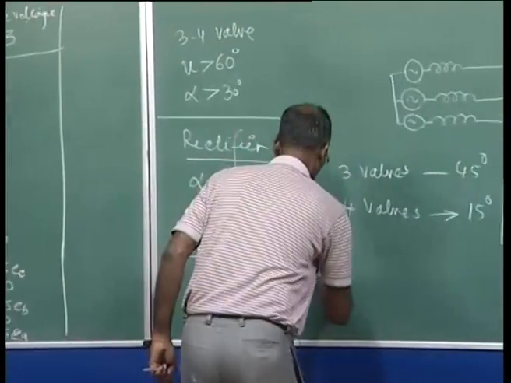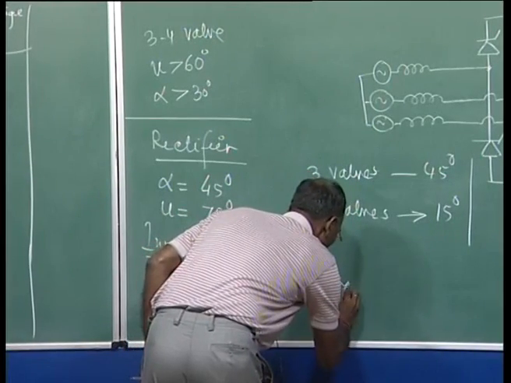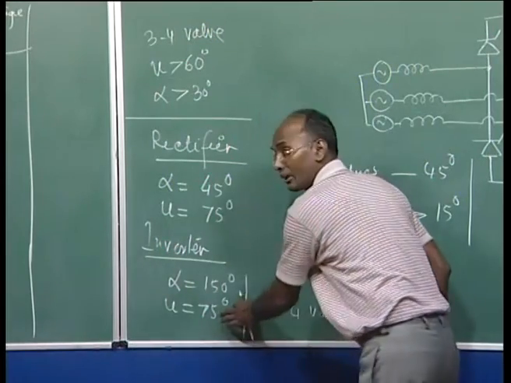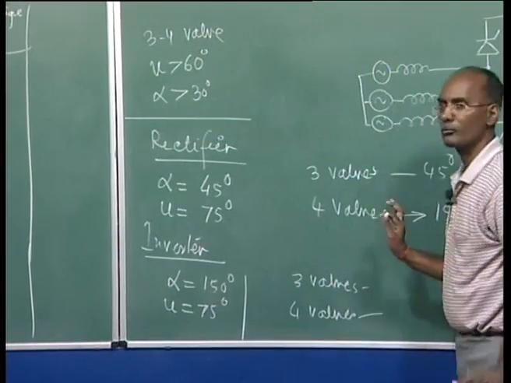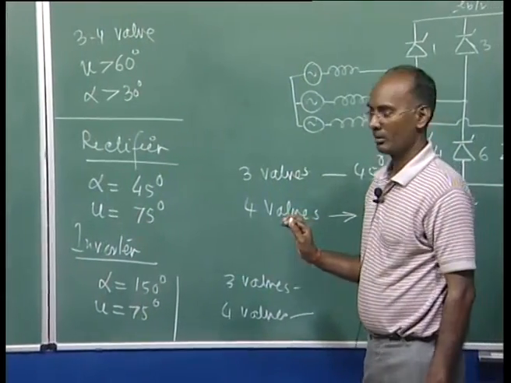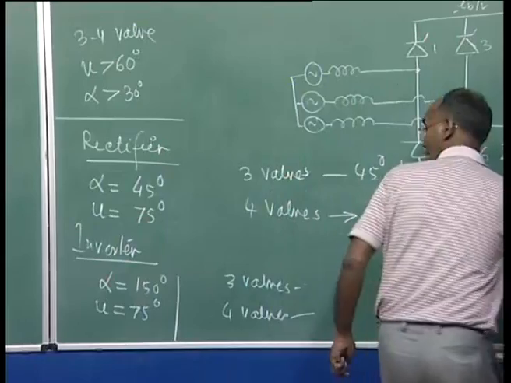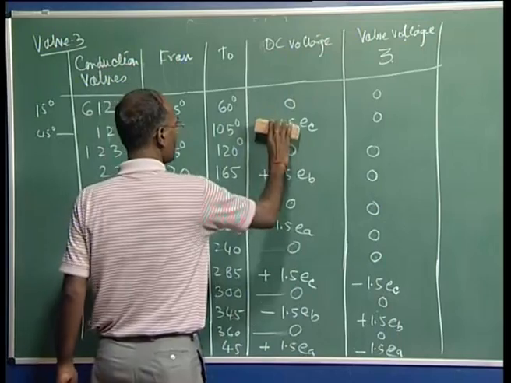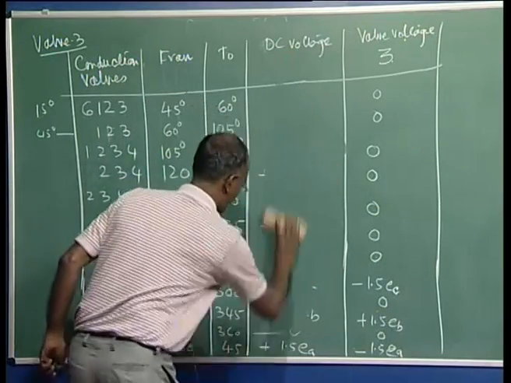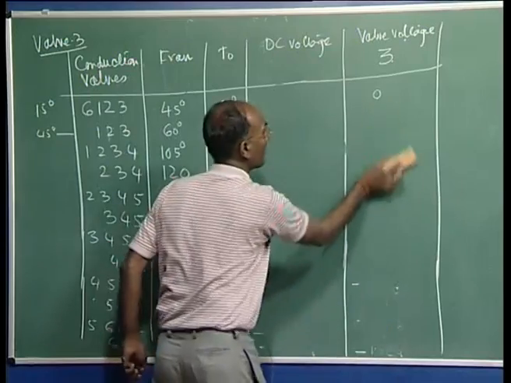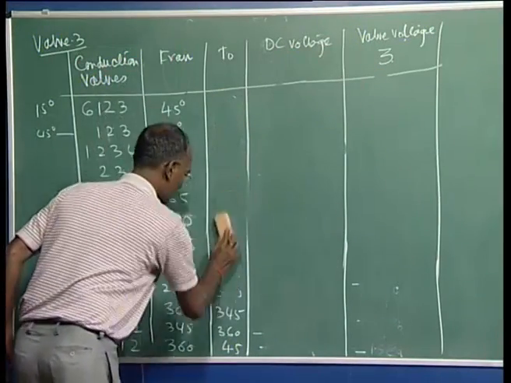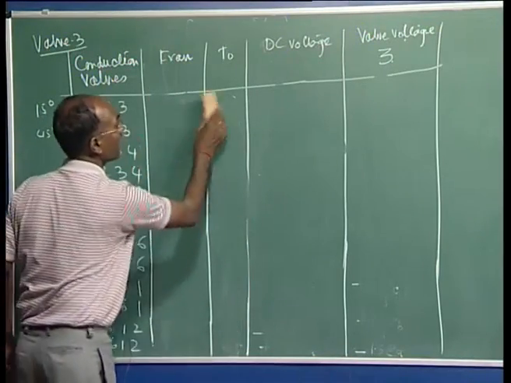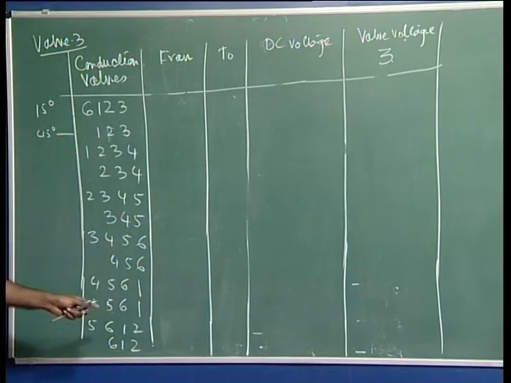Your 3 valve and 4 valve, this is again 15 degrees and this is again 45 degrees. Now we can write clearly what the voltages and angles will be. We can draw them in this table, and since the pattern will be the same and we are going to draw for one cycle, we can keep this intact.